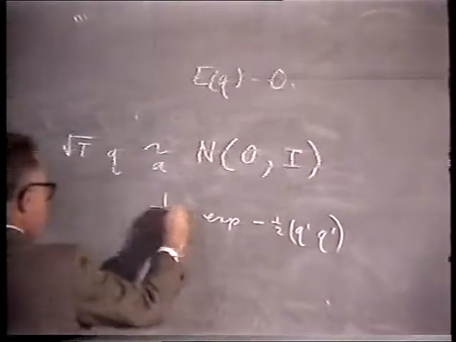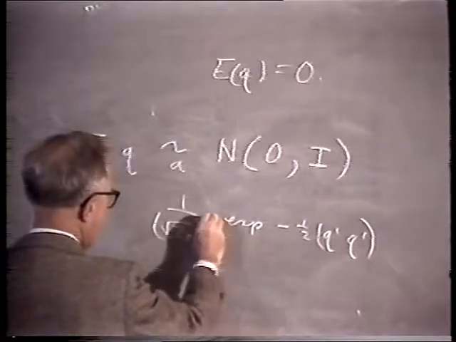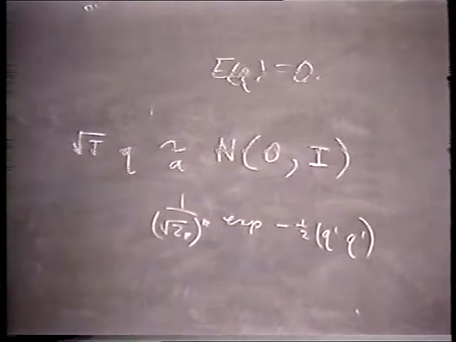And on the outside, 1 upon square root of 2 pi to the appropriate number, should we say, we have k elements in the Q vector.